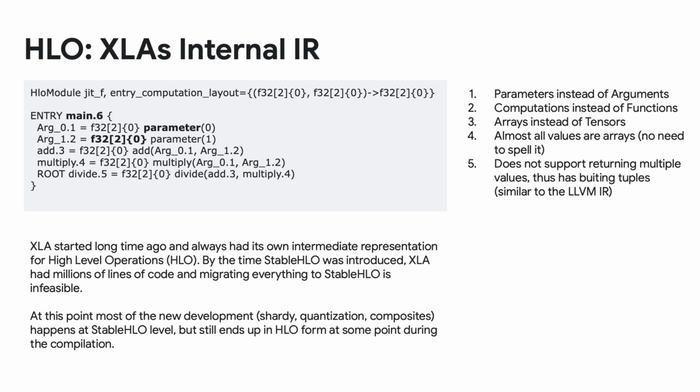But at this point, most of the new development happens in the MLIR land. So StableHLO is the op set as an input language. Dynamic shapes, symbolic shapes, they also will be done in MLIR land. Sharding is done in MLIR. Quantization components. So I think more and more new stuff gets developed in MLIR, and over time we expect more optimizations to be implemented in MLIR, because that's what the industry and the people prefer.